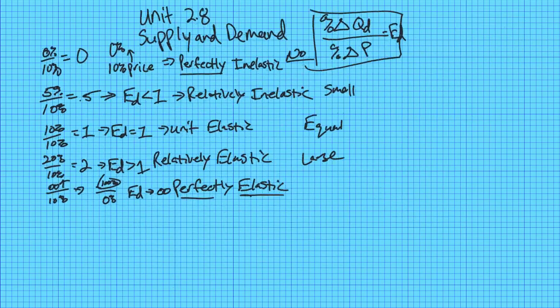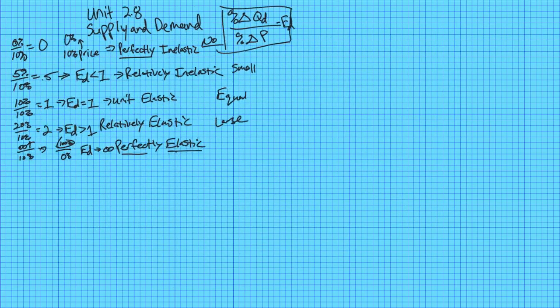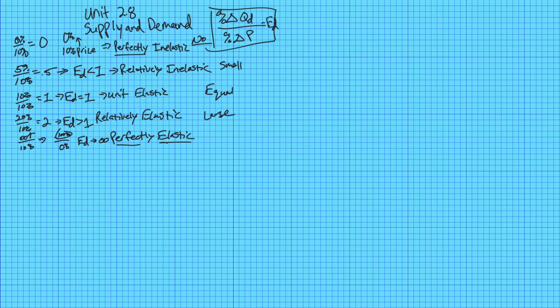Now what we can do is look at these things graphically. We're going to use our two most common ones, which are relatively inelastic and relatively elastic, to highlight what this looks like. So to show a common one, we can graph a demand curve, and it looks like this. We have price and quantity, and a downward sloping demand curve.